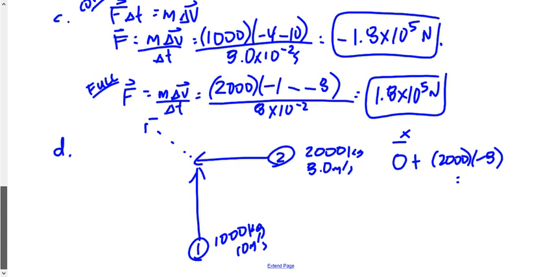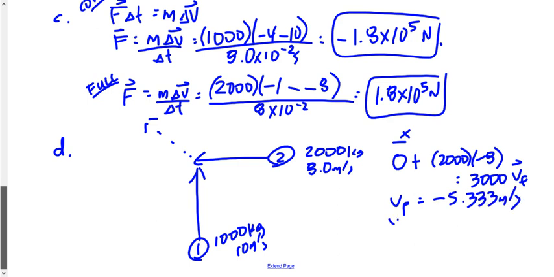Equals, they stick together, 3,000 times VF. And VF works out to be, I want to say it was 5 point something, wasn't it? Does anybody have that? -5.33, -5.33.